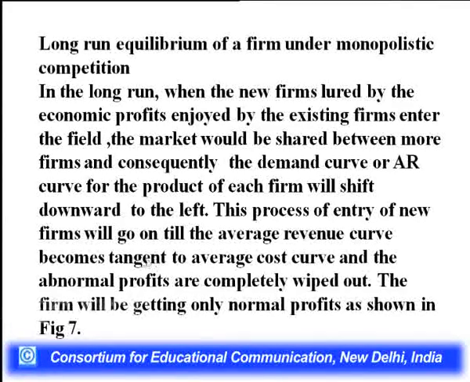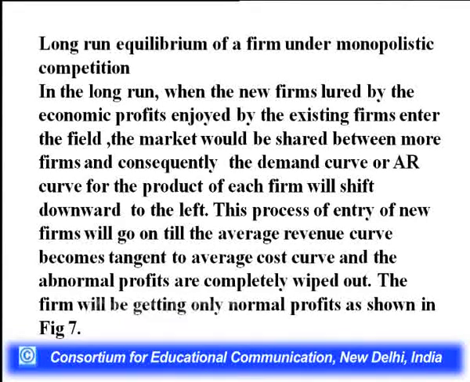And we have already shown in figure 7 how the firm gets normal profits in the short run, and now in the long run also it will be getting the same type of normal profits alone because of the entry of new firms.